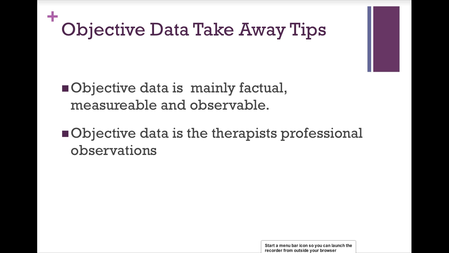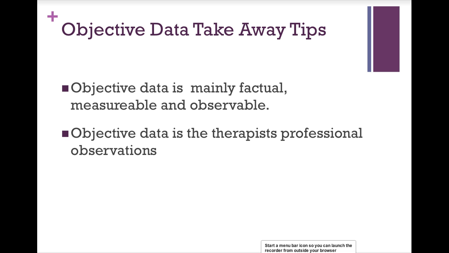It's not always easy to determine what is subjective and what is objective, but one way to look at it is the objective data is the therapist's observable and measurable and factual contribution, whereas the subjective data is from the client's viewpoint.